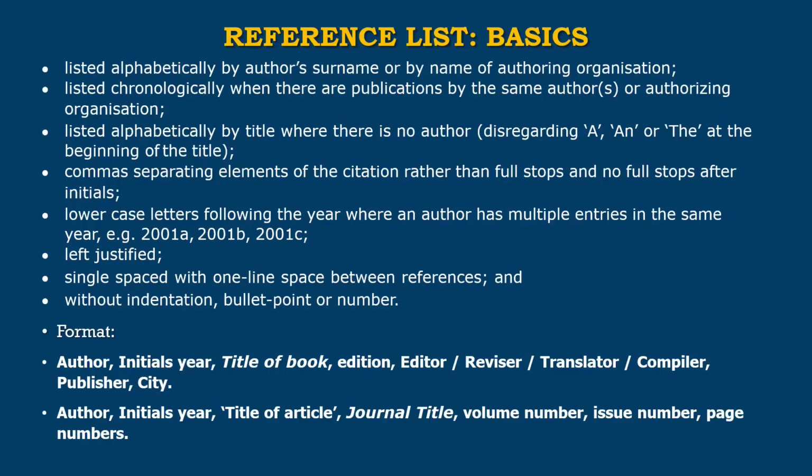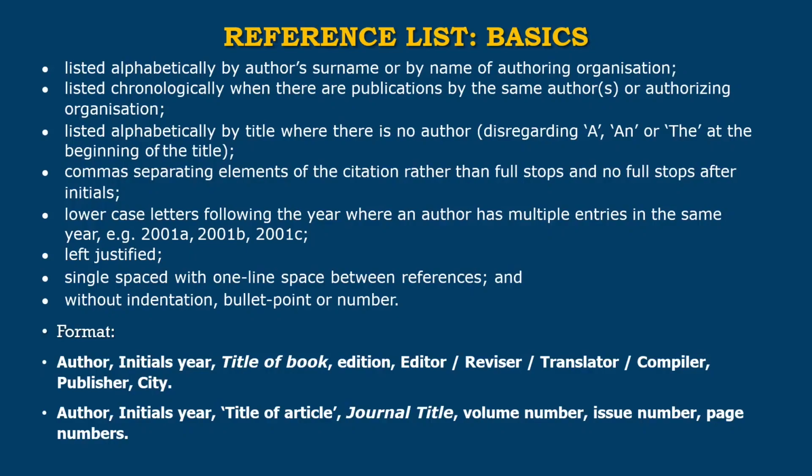The basic things which we should keep in mind while we are preparing the reference list. The reference list is listed alphabetically by author's surname or by the name of authorizing organizations. It is listed chronologically if the publications have the same authors. Listed alphabetically by title where there is no author.